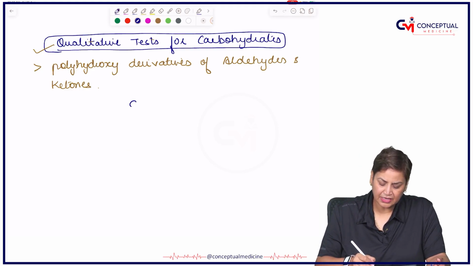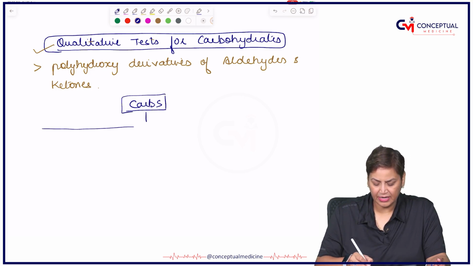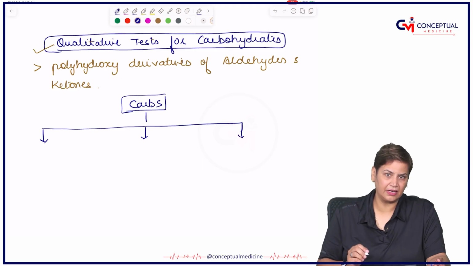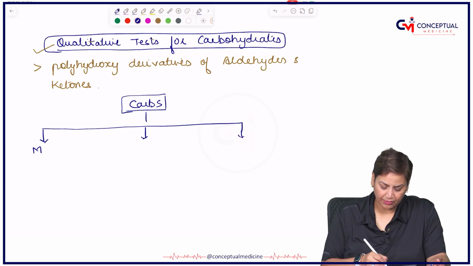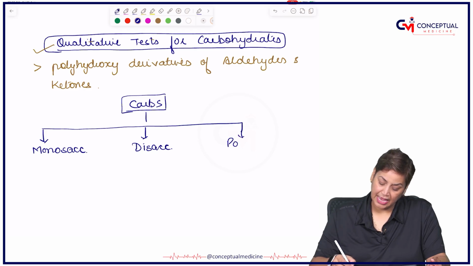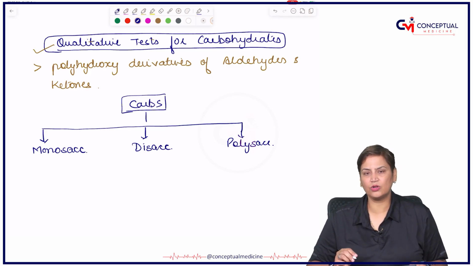We have studied the classification of carbs, that we can divide carbs into basically three classes as per the practical application. One is the monosaccharides, second is the disaccharides, and third is the polysaccharides. As per practical application I am saying; otherwise we can classify carbohydrates into four major classes, and oligosaccharides also come.